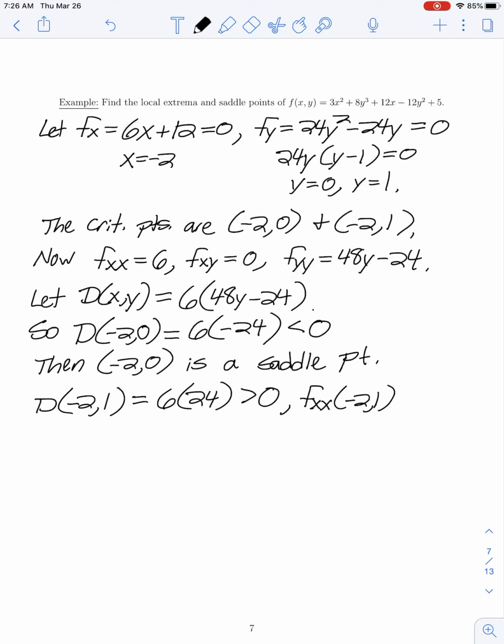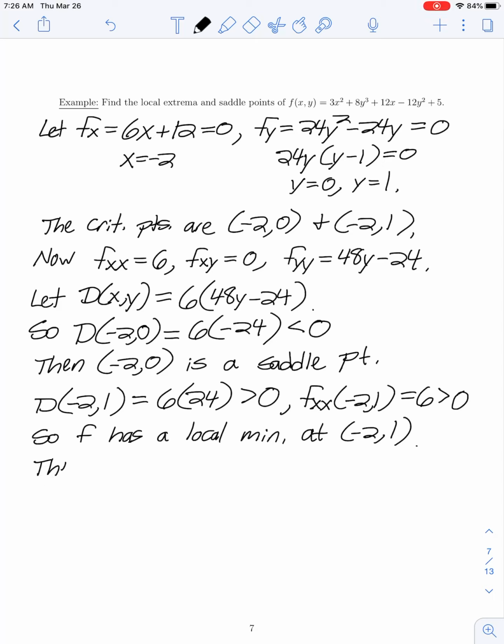To determine which one, we could look at the second partial derivative with respect to x at our critical point, which is a constant positive 6. So we know that our function f has a local minimum at the point -2, positive 1.